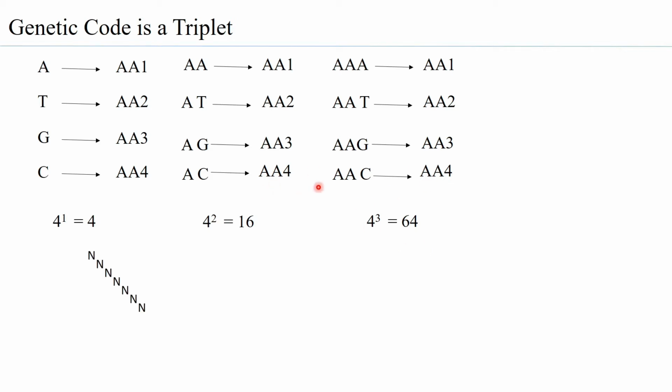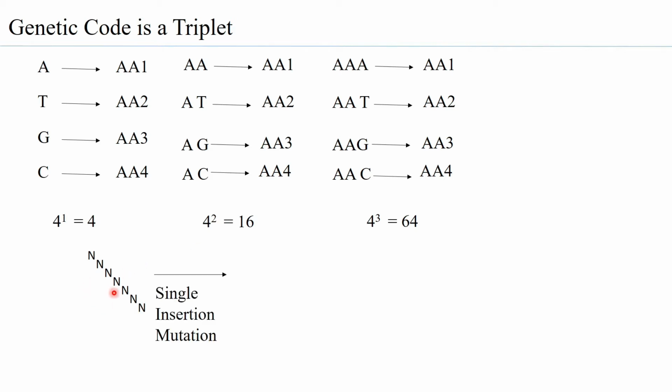That the genetic code is a triplet was confirmed by a simple experiment carried out by Francis Crick and Sidney Brenner and their co-workers. They took a gene from T4 bacteriophage and inserted single point mutations, and checked the result with respect to the reading frame.